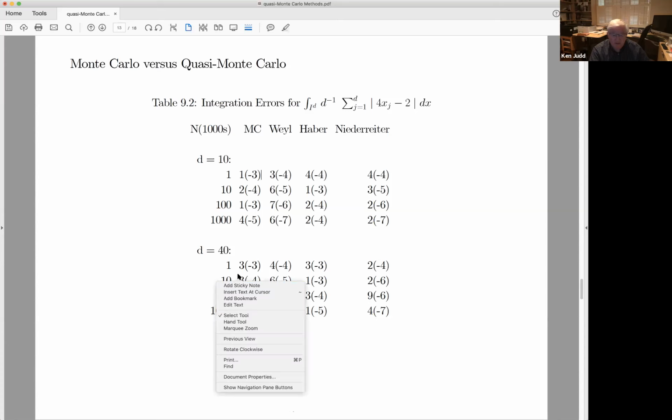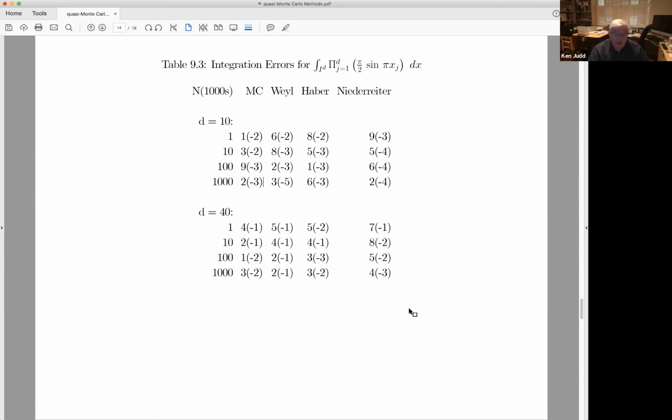Now we go to 40 dimensions, and there again we see that Monte Carlo is beaten by these other methods. And now we have something that's a very wiggly kind of function. And Monte Carlo just is disgraceful for 40 dimensions. The Weil doesn't do well either, but the Niederreiter set of points does seem to have nice convergence properties.